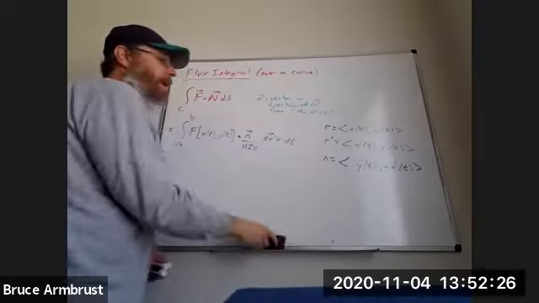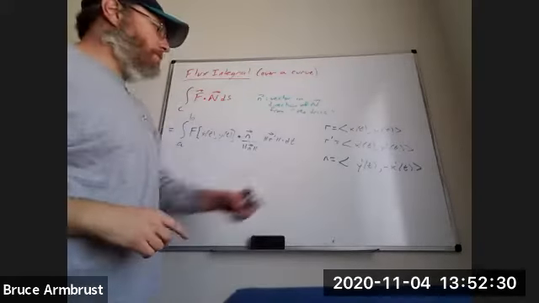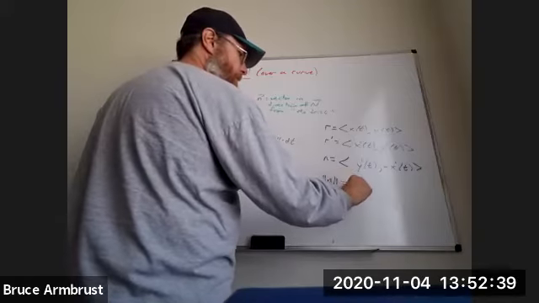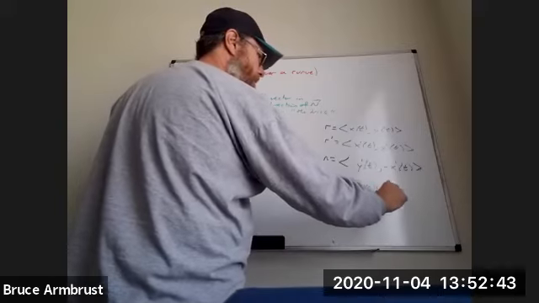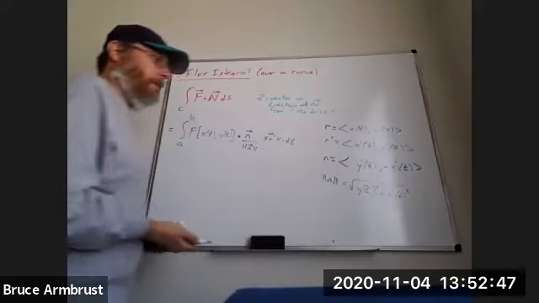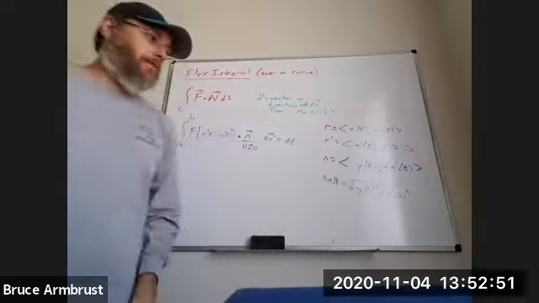All right, so there's our n, no big deal. But check this out. Look at what the magnitude of n is. It's going to be the square root of y prime squared plus x prime squared, because the changing of that sign, that negative, just becomes positive.